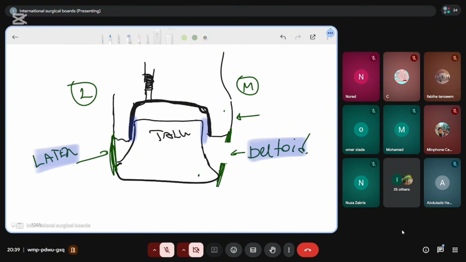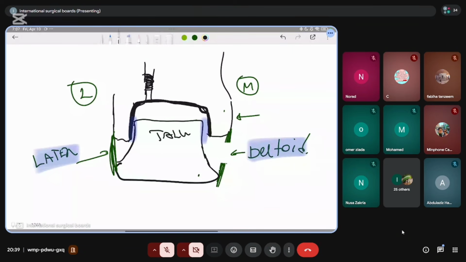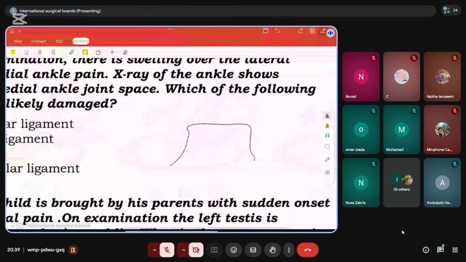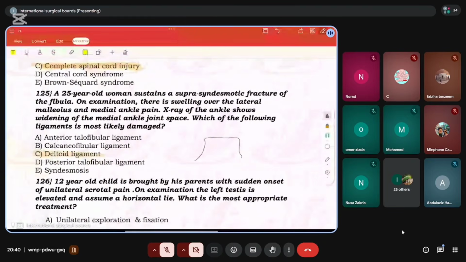And the talus tends to sway laterally, and vice versa. It is like if you put pressure in inversion or eversion, you will feel it. So widening in the medial joint space makes us suspect deltoid injury.